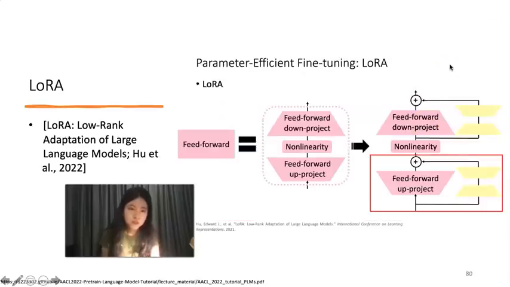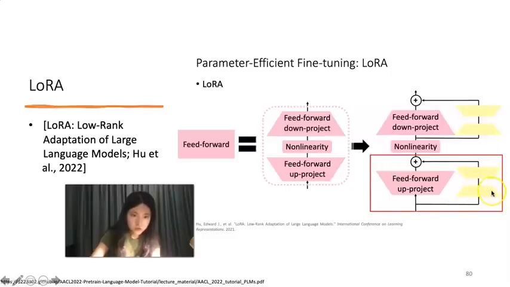If we zoom in on that adapter, you can see these two little things here. The lower one will convert from higher dimension to lower dimension, and then the upper one will convert from the lower dimension back to the higher dimension.